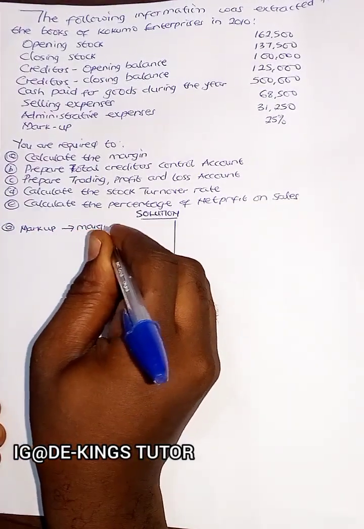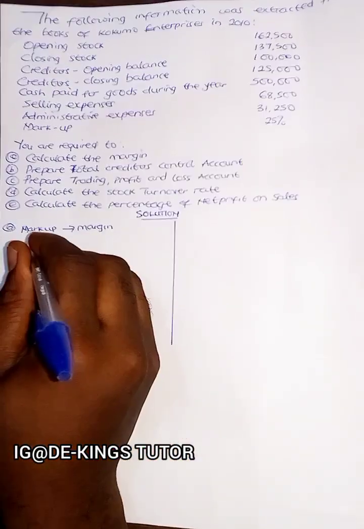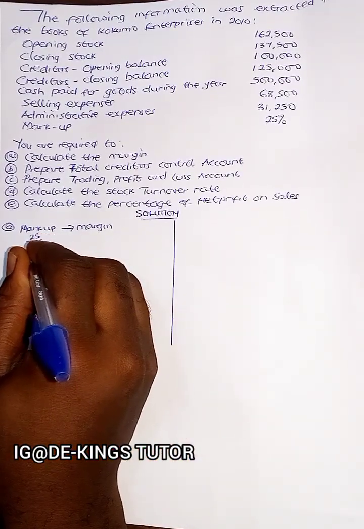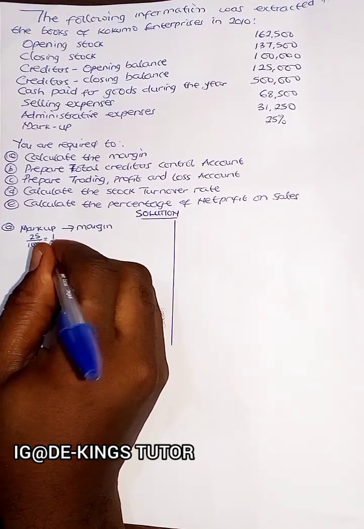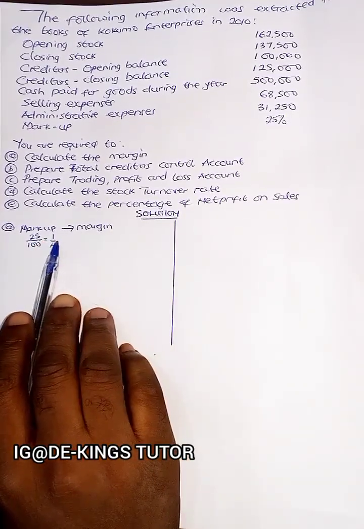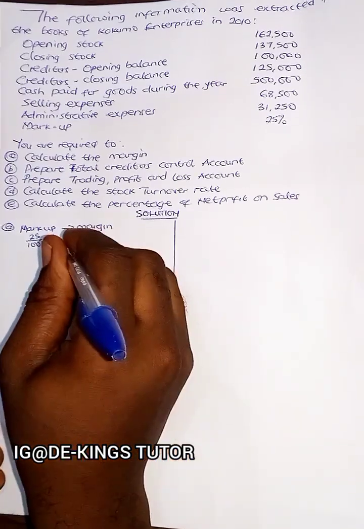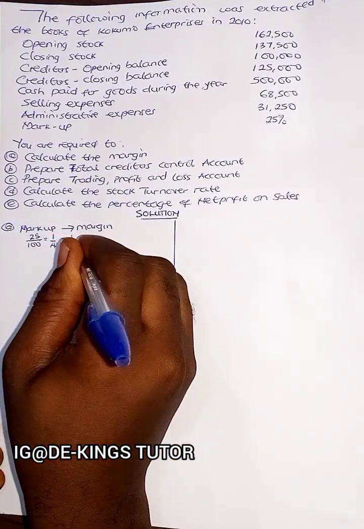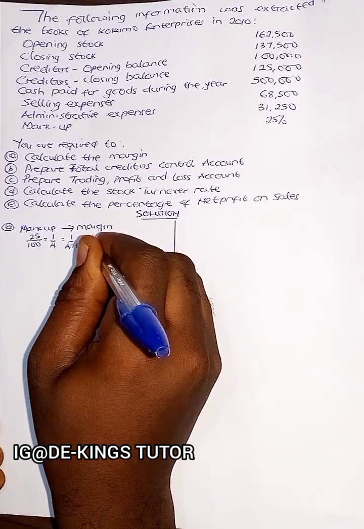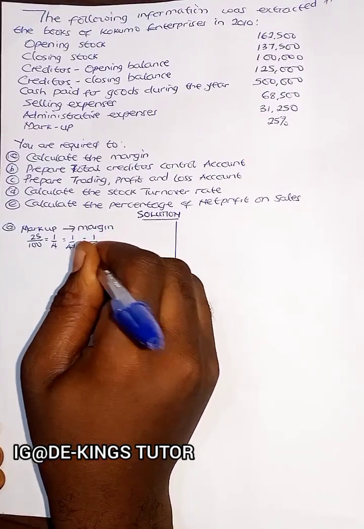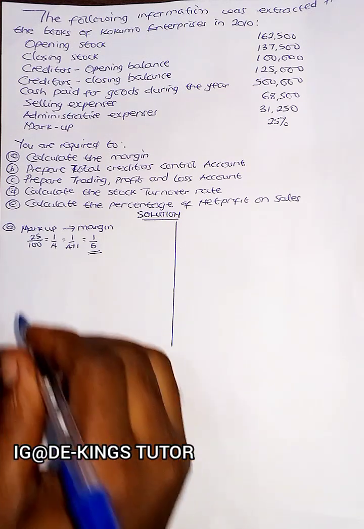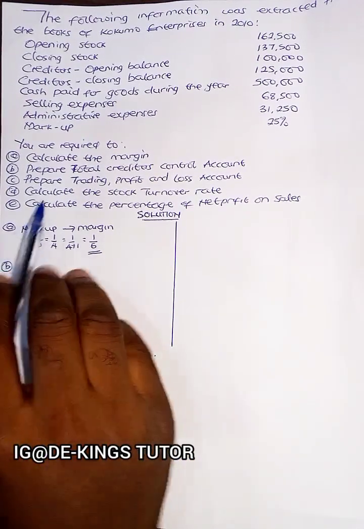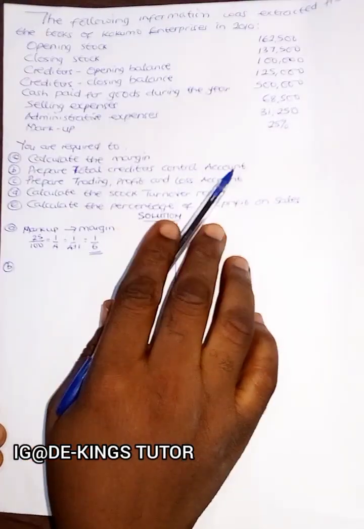So 25% is 1/4. Now to convert it to margin, you add the numerator to the denominator. So it will be 1/4 plus 1, which is 1/5. Okay, so that's how to convert from markup to margin. That's A. Now the B, they said prepare the total creditors control account.